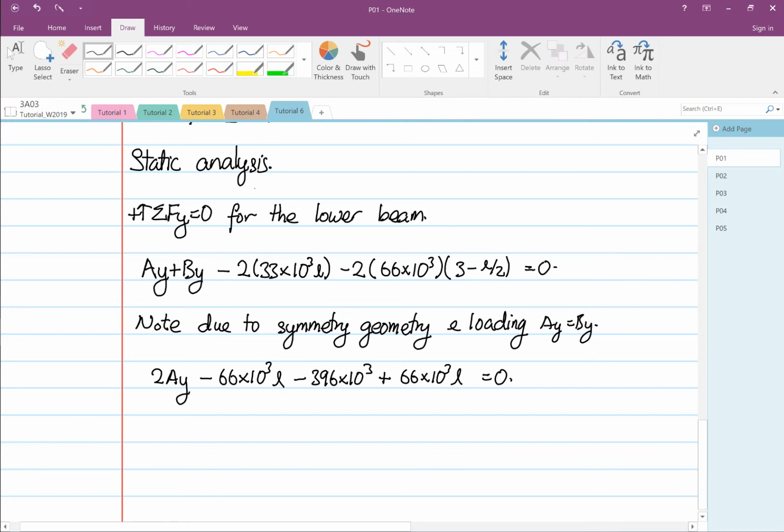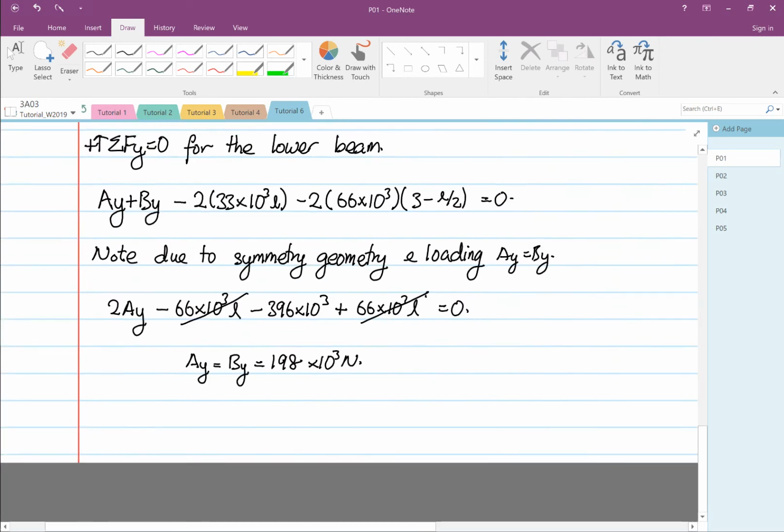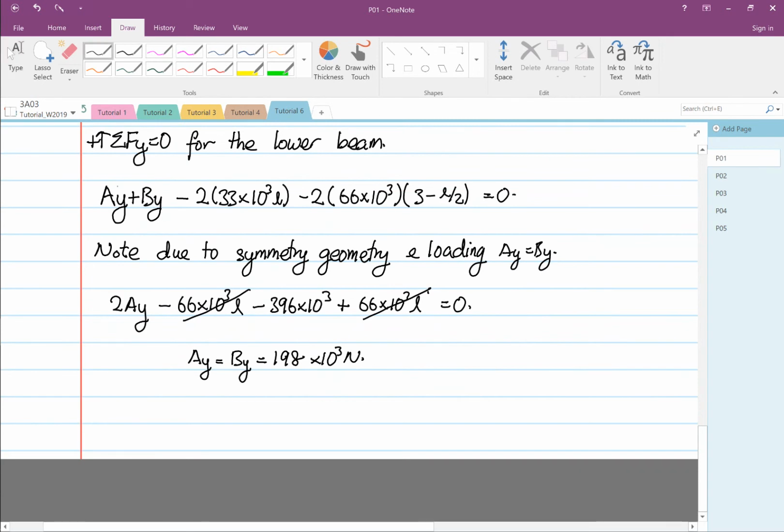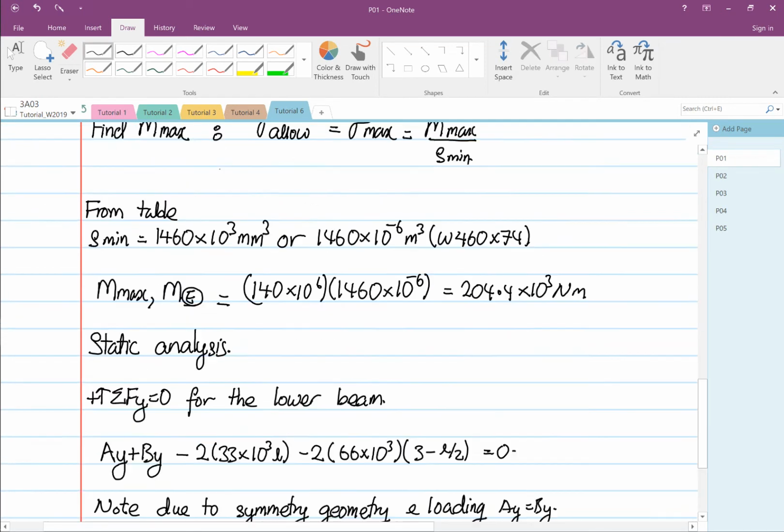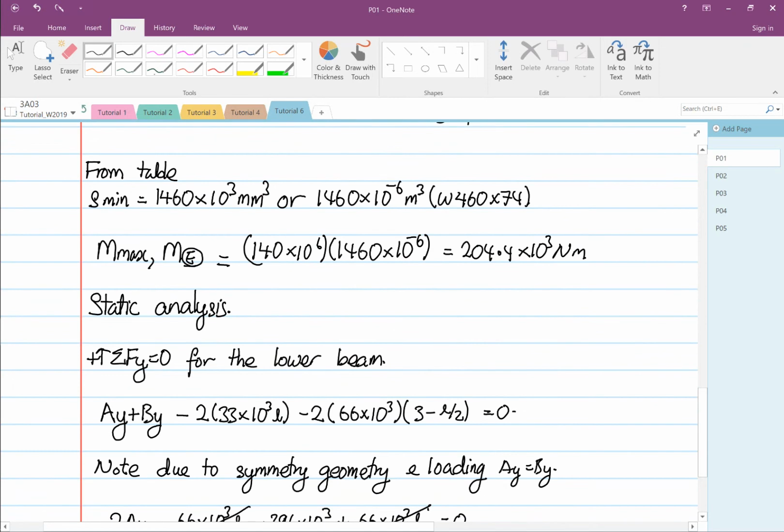You can cancel the L's, so AY is equal to BY, which is 198 times 10 to the power 3 Newton. This is critical information, and likewise for this one. These two pieces of information are important.